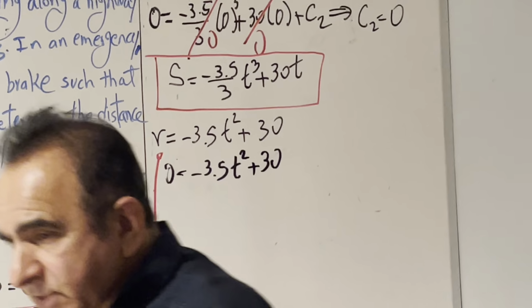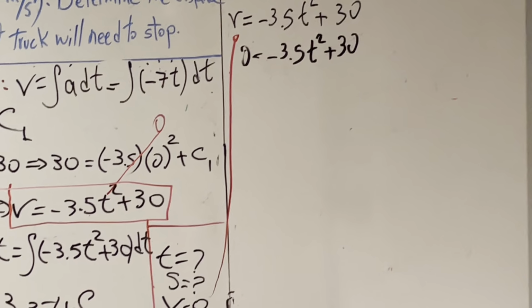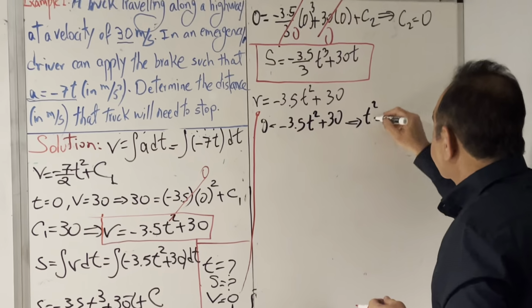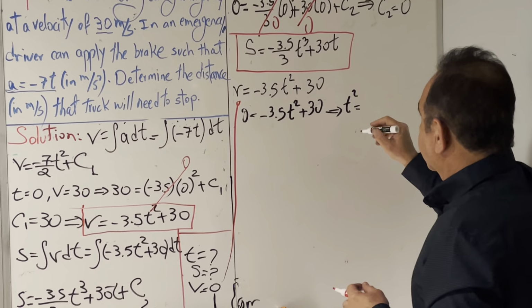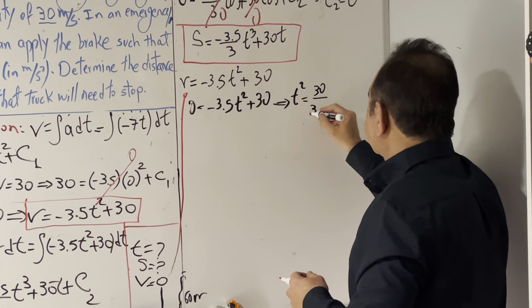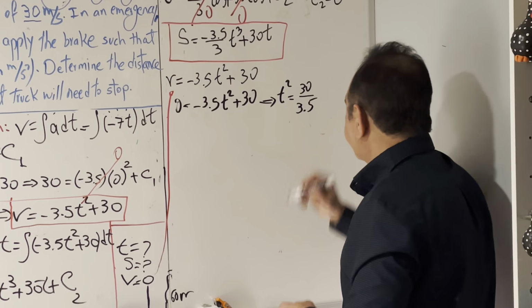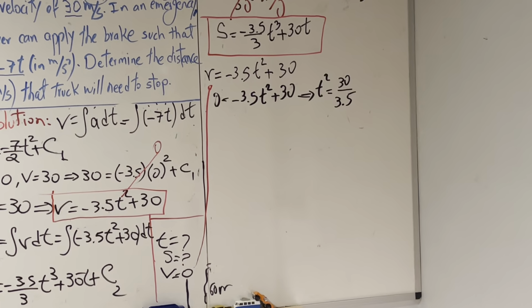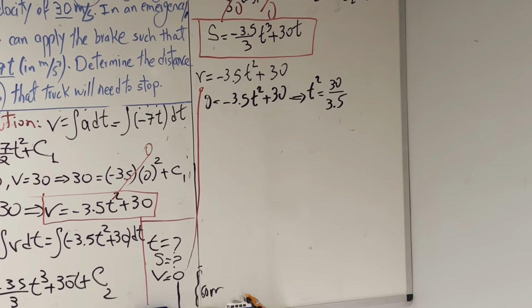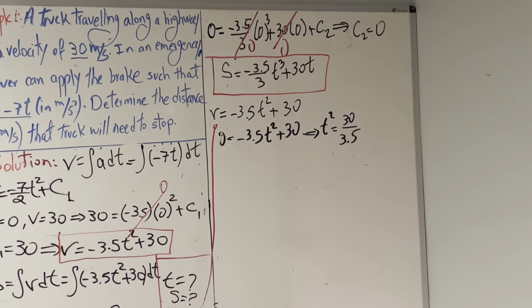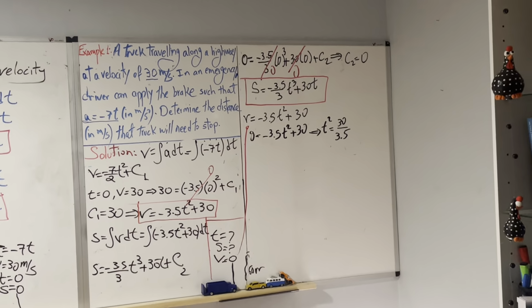We solve this equation to find the final time. From this equation, we have t squared is equal to 30 over 3.5. As time is a scalar quantity, we can accept only the positive answer of this equation.